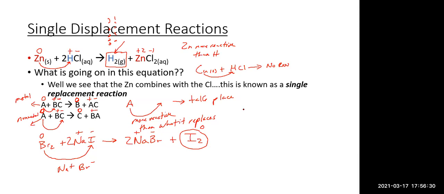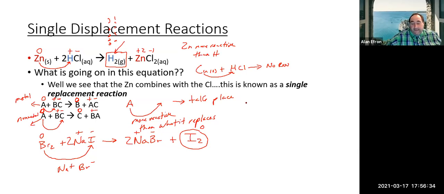So in a single replacement reaction, basically the element that's by itself, the atom that's by itself. So like in the case of zinc, zinc is all by itself, which means it's just a solid piece of zinc metal that you would take. And basically, if you did this, you would have the hydrochloric acid in here.